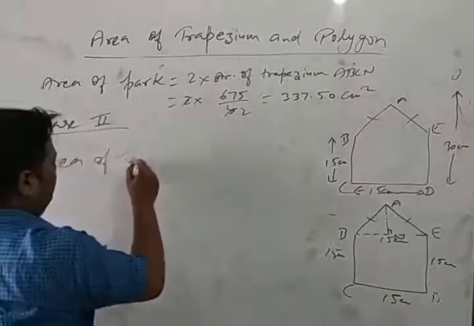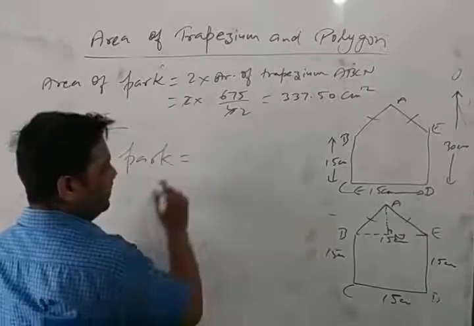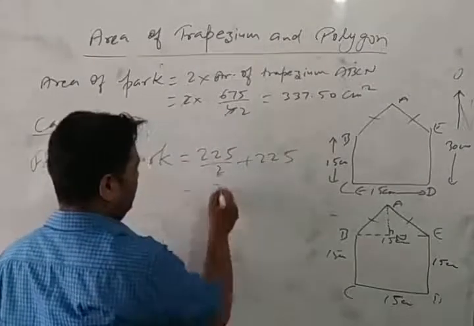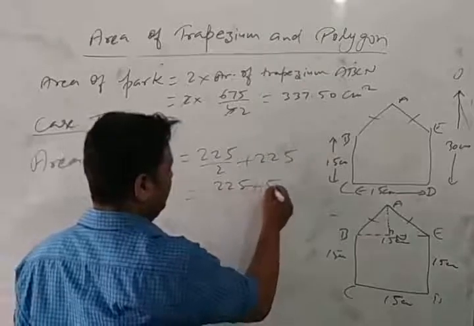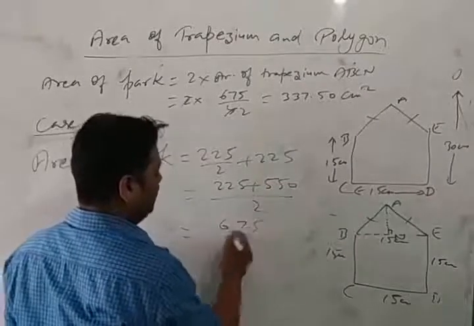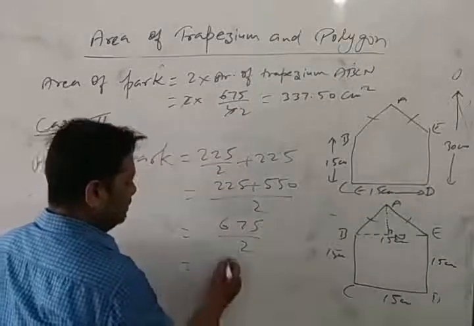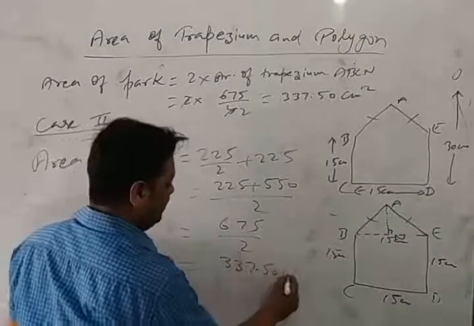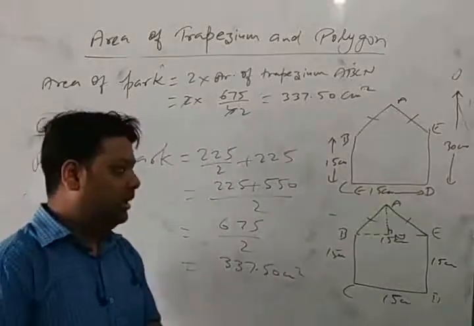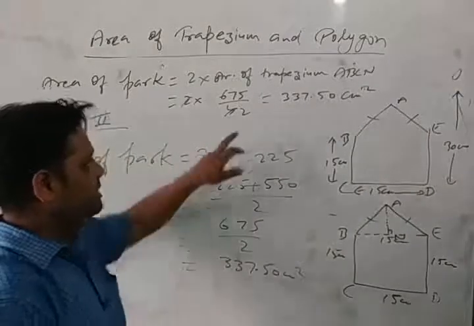Area of part will be 225 by 2 plus 225, means 225 plus 450 by 2. It will be 675 by 2, which is again 337.5. So by both ways we can find the area and the area will be the same.